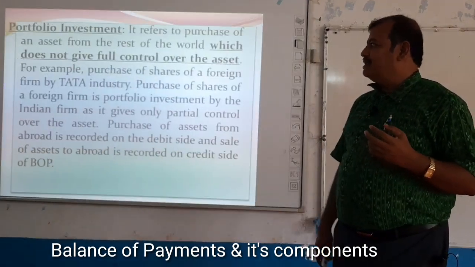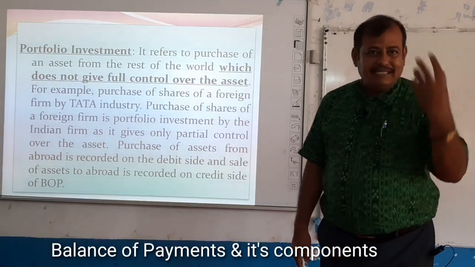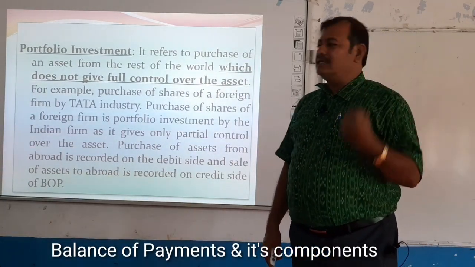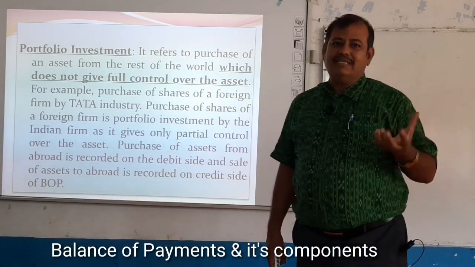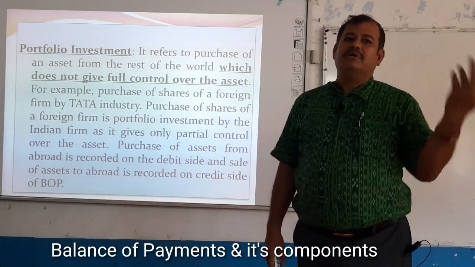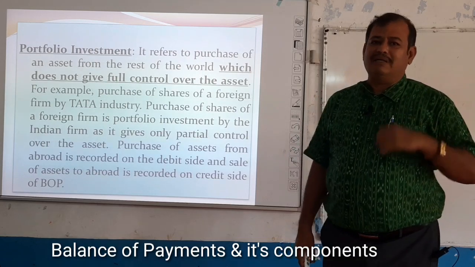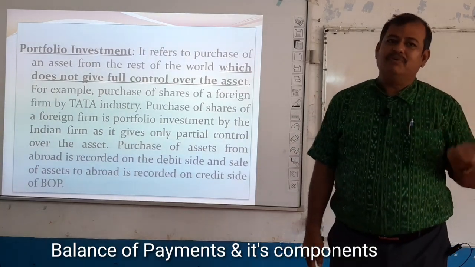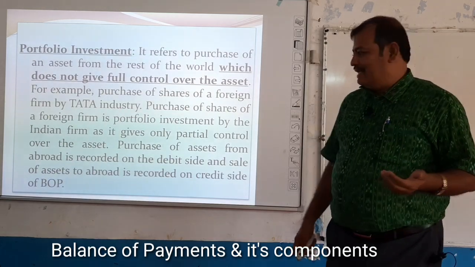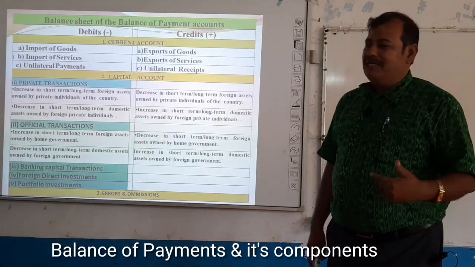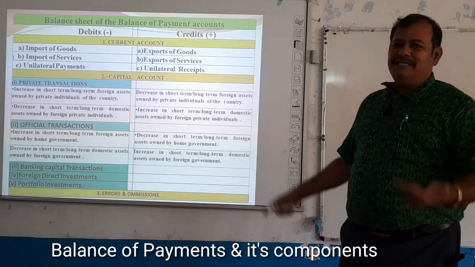And the next one is portfolio investment. In this type of investment, the owner does not have full control over the asset. They just buy, become a partner, but will not become the owner. This is one type of investment where our assets or liabilities may increase or decrease. And if you see the balance sheet of the balance of payment, it is very clear.